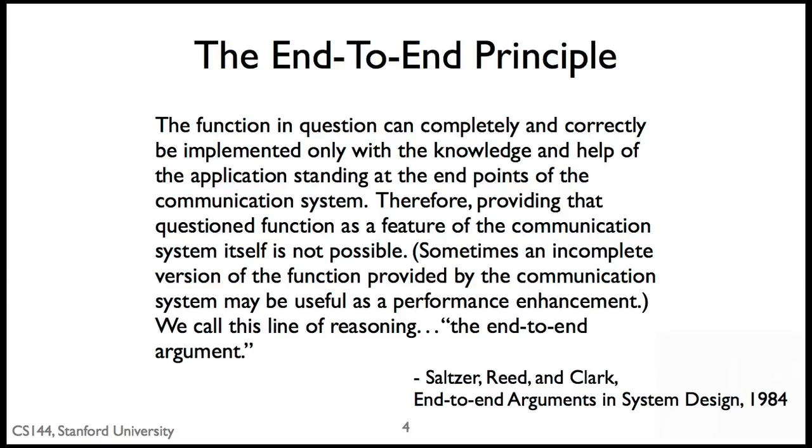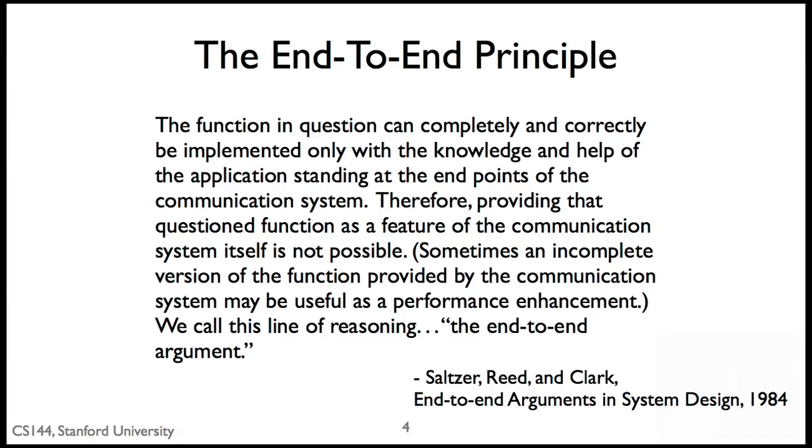And so providing that function as a feature of the communication system itself is not possible. Sometimes the communication layer, like the internet, could help you, could improve performance, but ultimately it has to be up to the endpoints to ensure correctness.